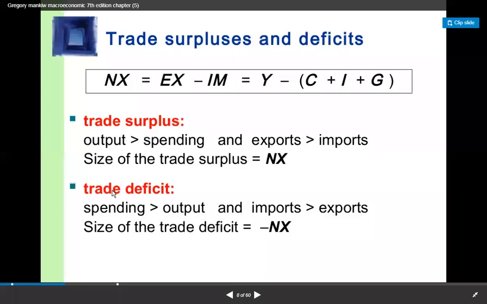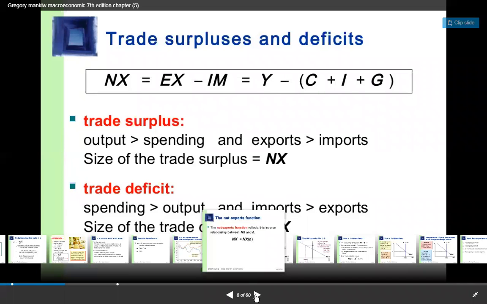And when there is trade deficit, when spendings are greater than output, extra spending will be financed by imports, then imports are greater than exports, then we get net export negative and trade deficit. When both are equal, then our trading is in balance.